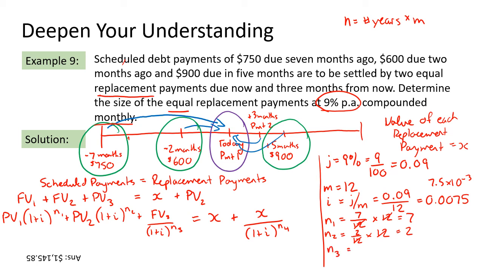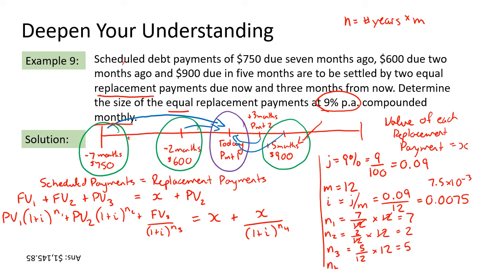N3, okay, notice that that third payment is 5 months, okay? Going back to our graph here, it's 5 months from today, so that means it's 5 divided by 12, multiplied by the number of compounding periods per year, 12, which gives us 5.